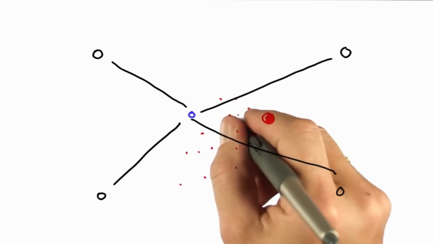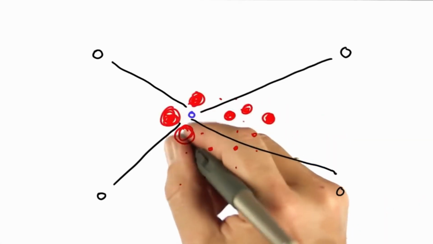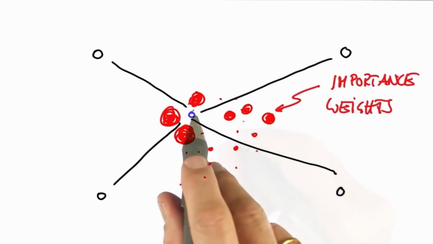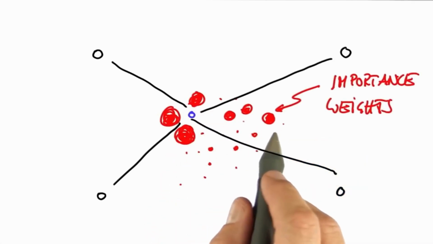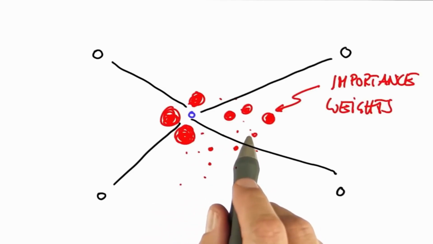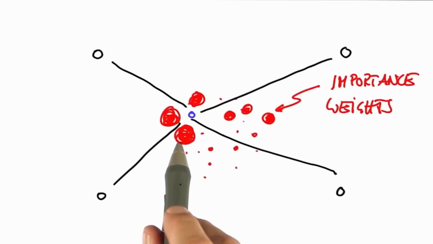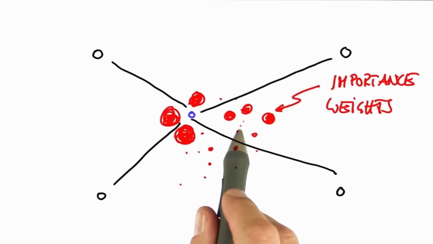Some look very plausible, others might look very implausible, as indicated by the size of the circles over here. We now let these particles survive somewhat at random, but the probability of survival will be proportional to their weights. So something that has a very big weight like this guy over here will survive at a higher proportion than someone with a really small weight over here.